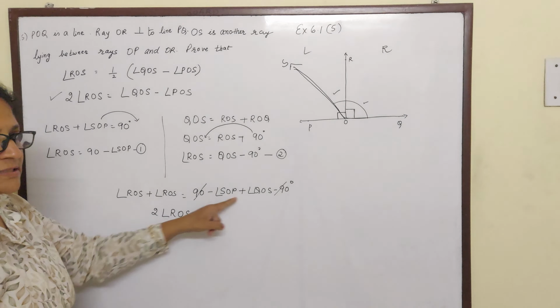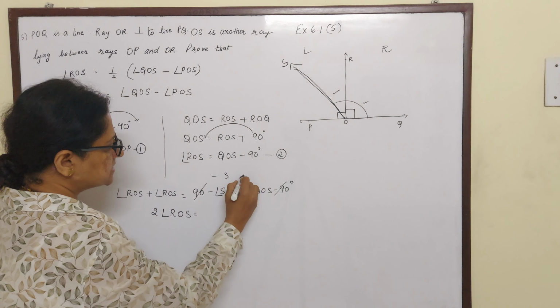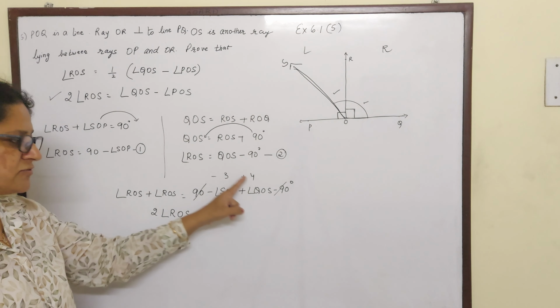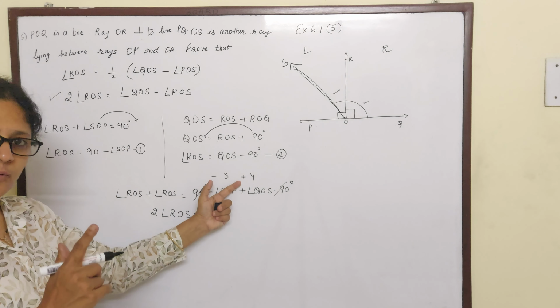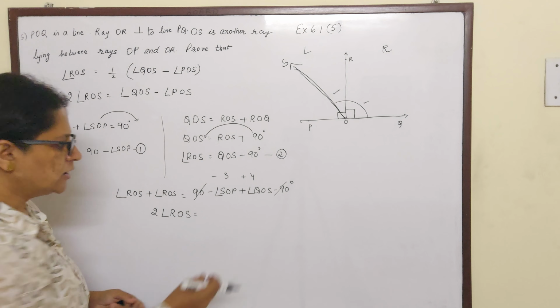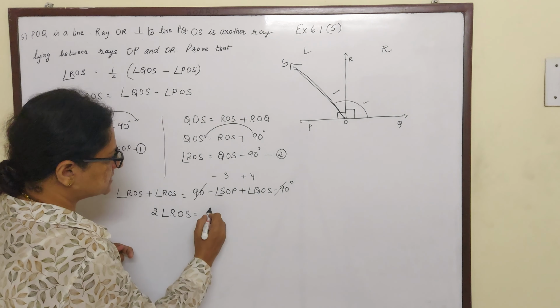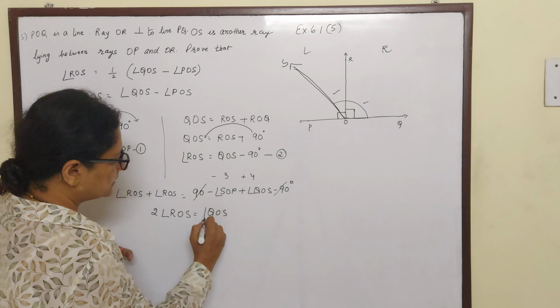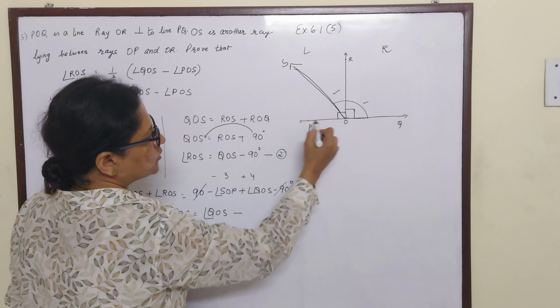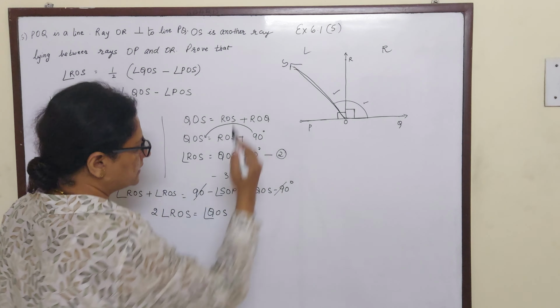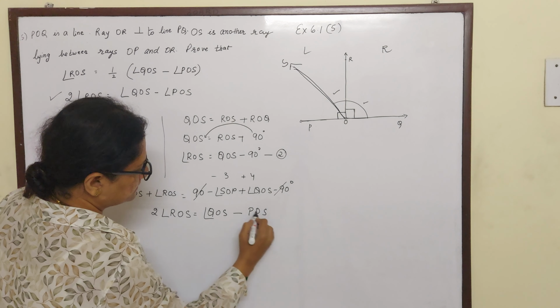And I will write, see, minus 3 plus 4 can also be written as 4 minus 3. You can change it because minus 3 plus 4 is also 1, and 4 minus 3 is also 1. So I am just bringing the plus term first: QOS minus SOP. What is SOP, children? SOP can also be written as POS.